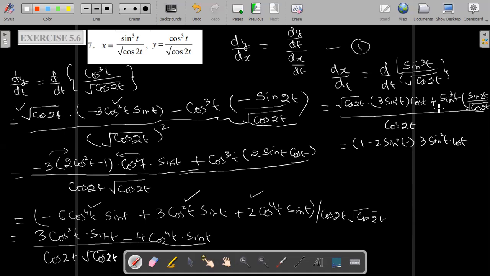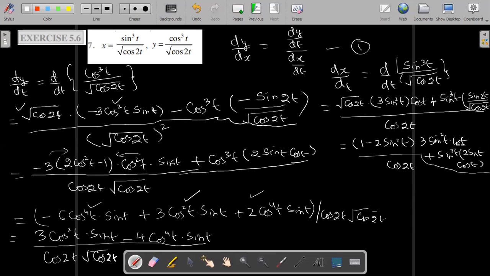And this will become plus sin 2t, you can write 2 sin t cos t, and sin cube t as it is, sin cube t into 2 sin t cos t, all divided by the same value cos 2t.